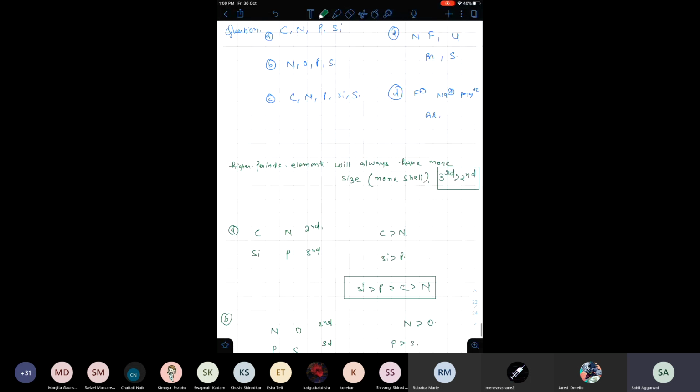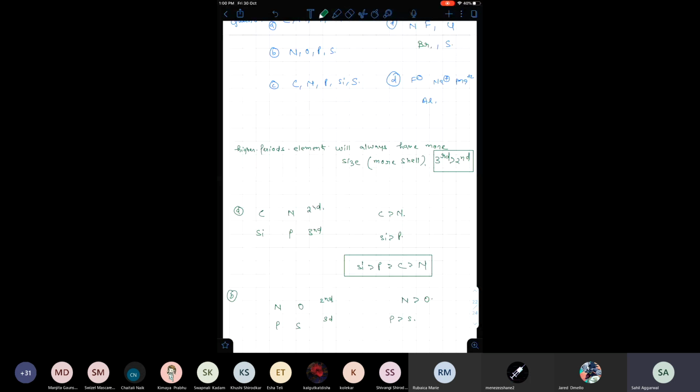Bromine. So phosphorus bigger than sulfur, bigger than nitrogen, bigger than oxygen. Any problem in second question?